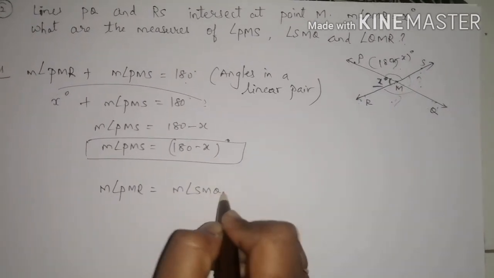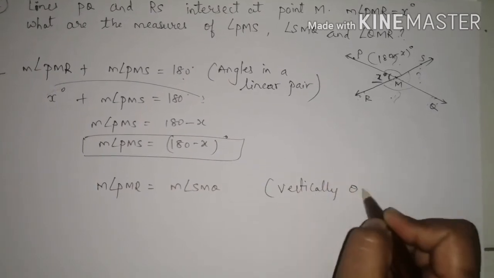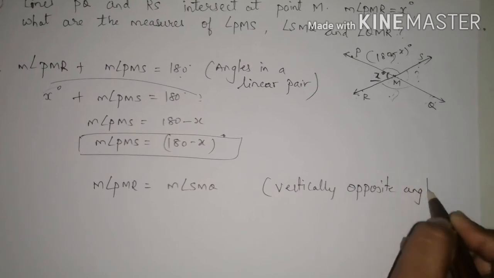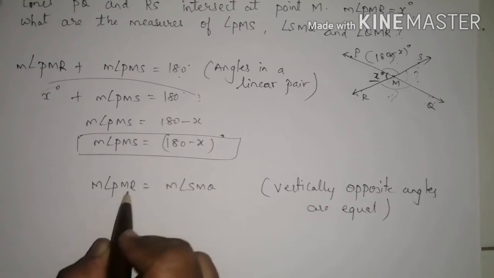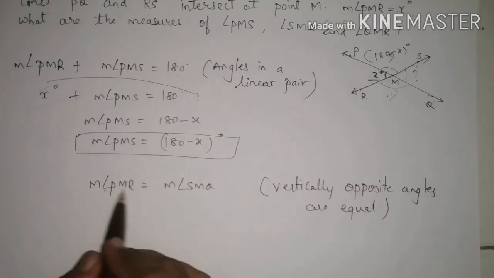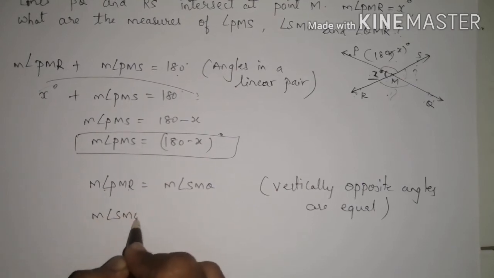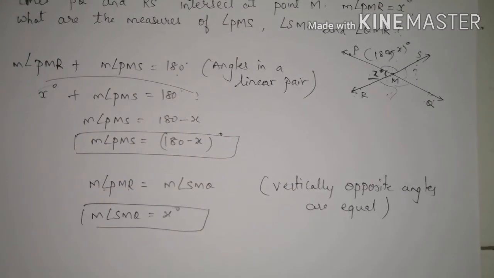Why? Because both are vertically opposite angles, and vertically opposite angles are equal. Out of this, PMR I know was x degrees, so SMQ will also be x degrees.